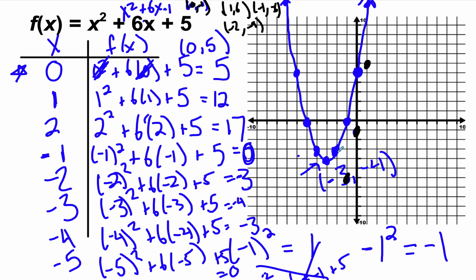Now I plug in -3, and I get 9 minus 18 is -9. Now this is -1, so it's -10.